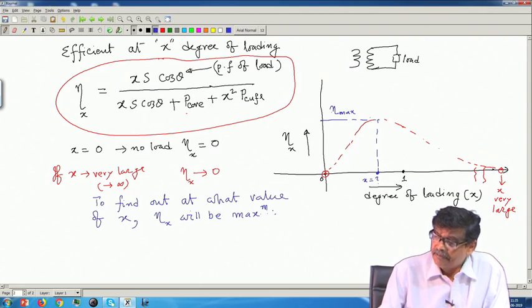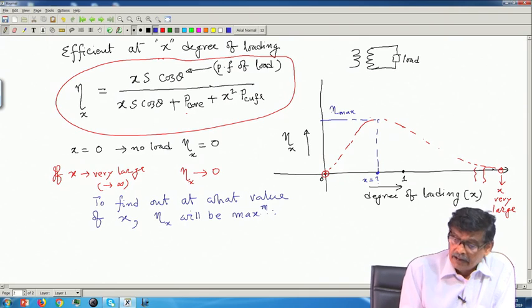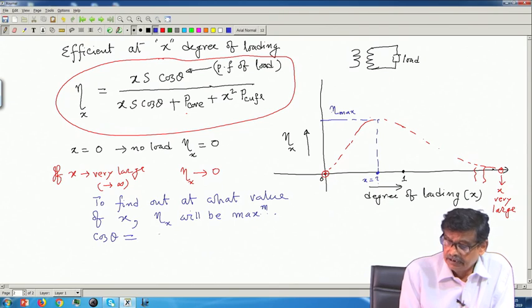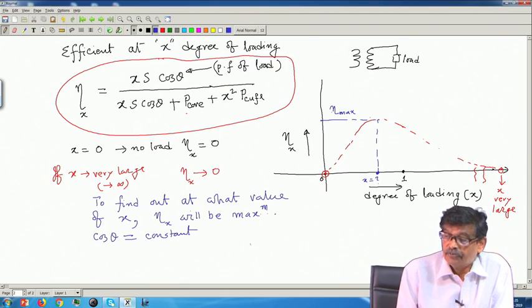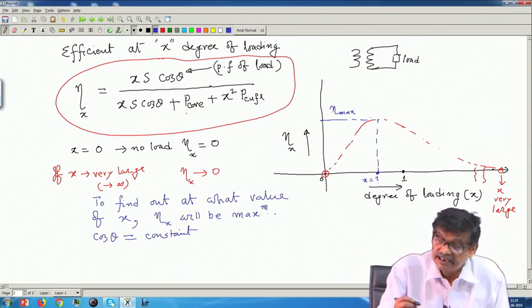Mind you, when I am varying x, I will keep cos theta constant. Load power factor I will not change, cos theta constant, I will keep it a fixed value of cos theta and only vary x.